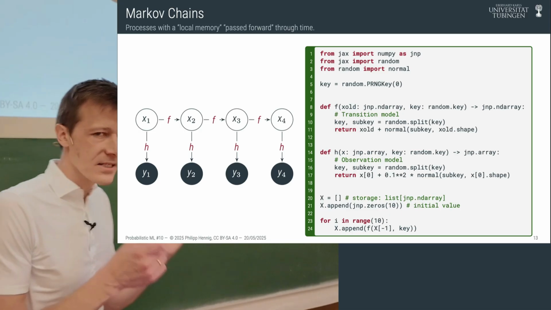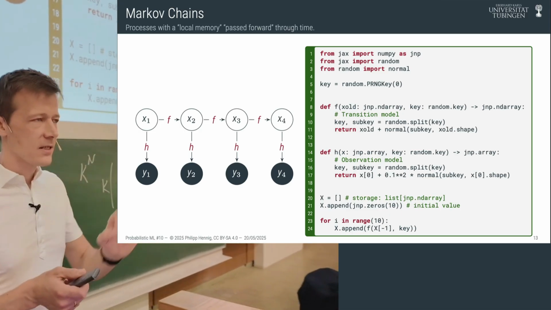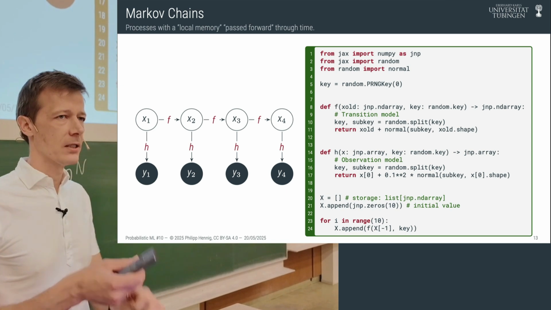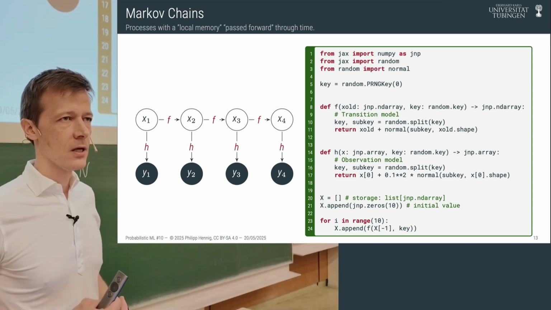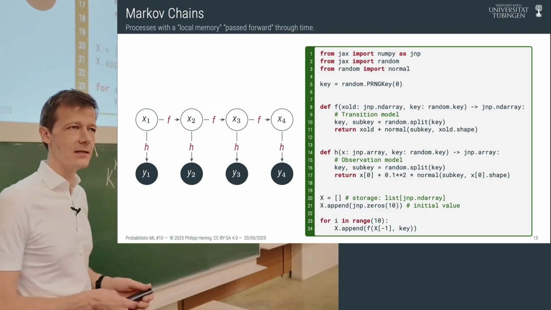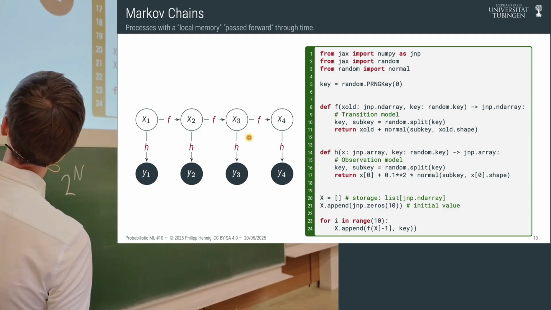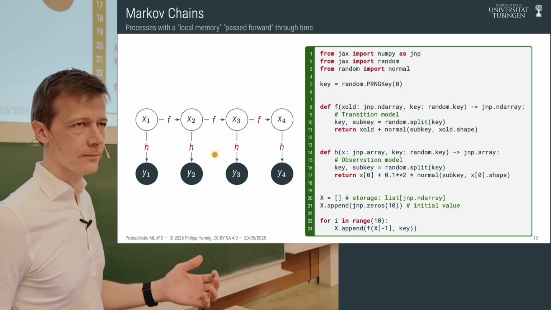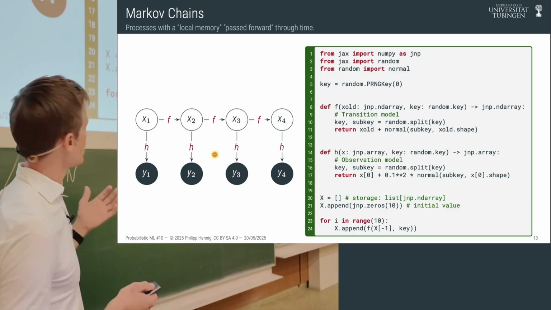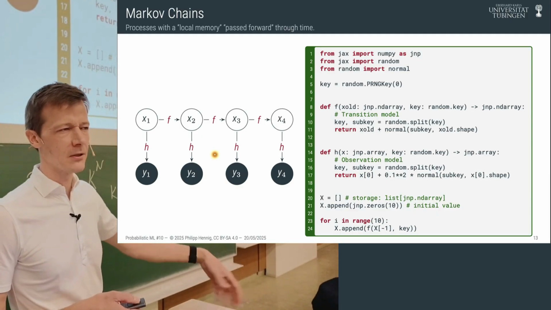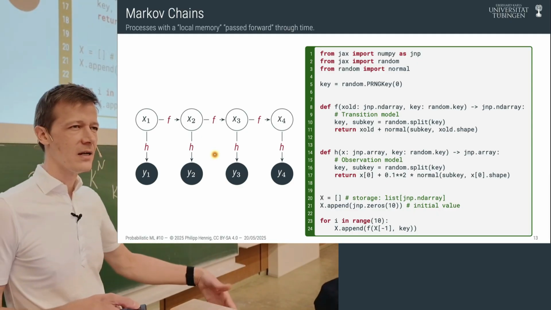And then something else can also happen, which is that at time t, some stuff can happen that only depends on the local state, and that stays basically where it is. Whatever happens at t stays at t. So for this, we assume what is called an emission model, or an observation model. That's usually called H, that produces some local stuff, typically something you can see, because if it's something you can't see, then you don't really care.